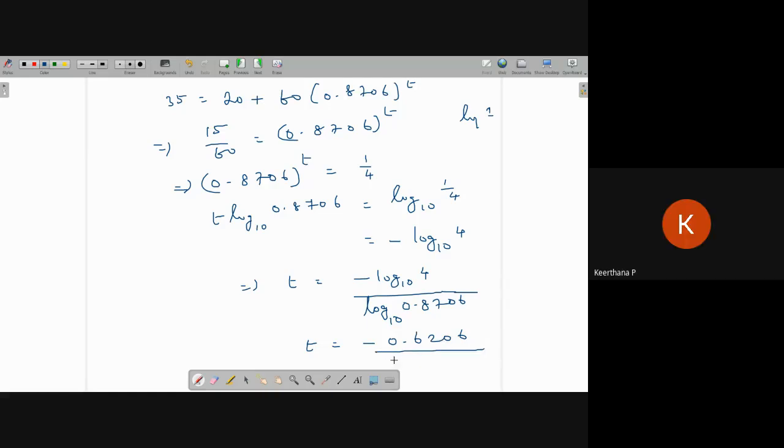I got denominator is minus 0.0618. Okay, again I will do it. Yes, sir. Okay, yes, this is equal to 10.0044. Okay, so t is approximately equal to 10 minutes.